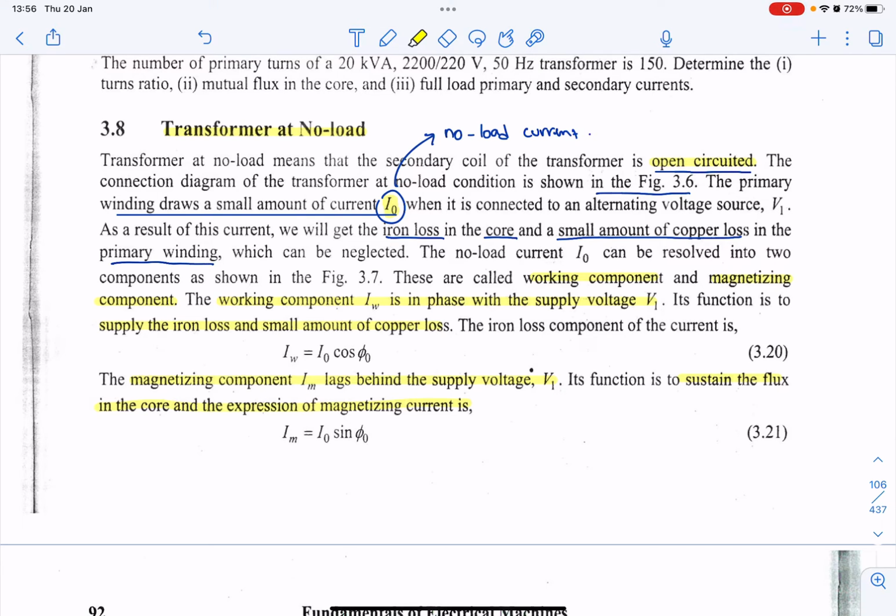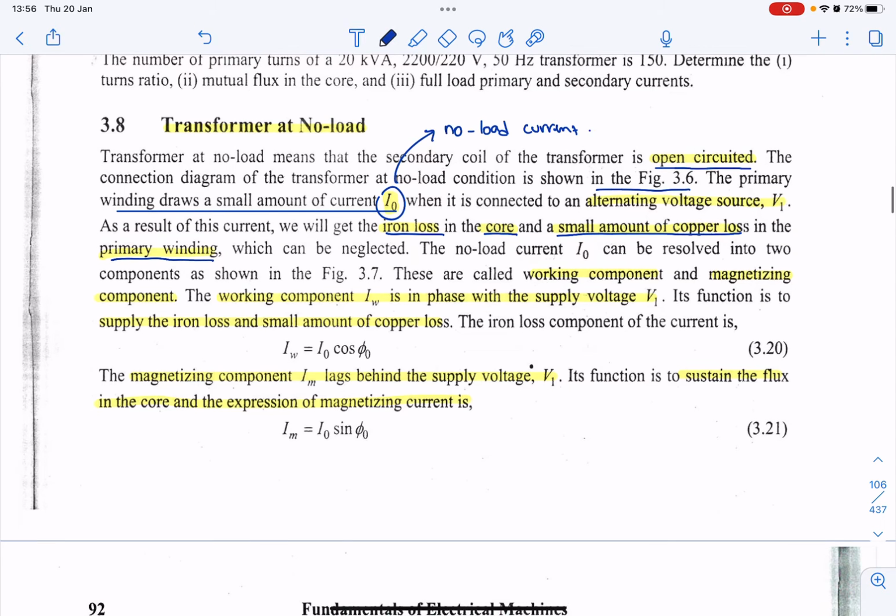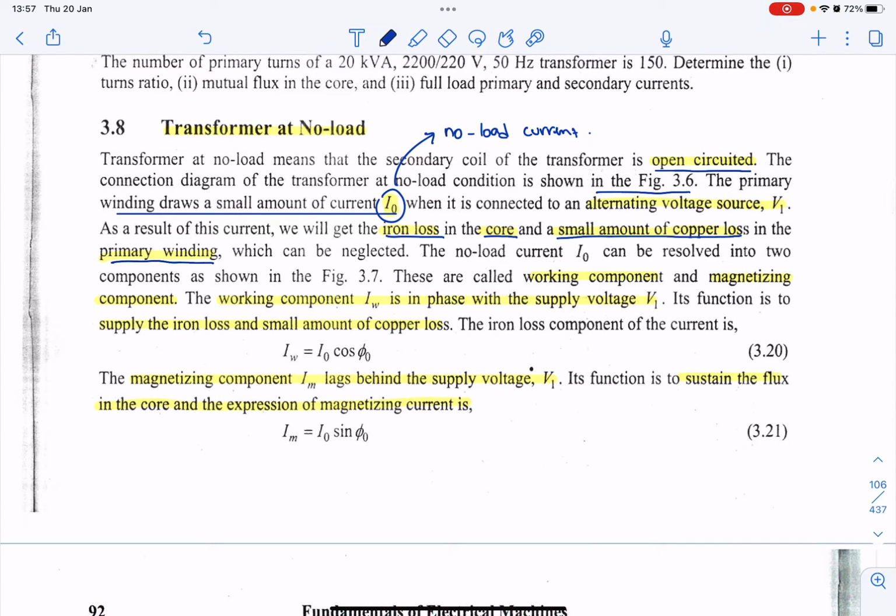So if you supply the transformer with an alternating source V1, you will have an iron loss in the core and a small amount of copper loss at the primary winding, which can be neglected. The no load current I0 can be resolved into two components as shown in figure 3.7.